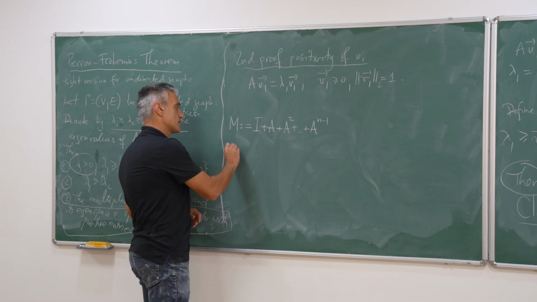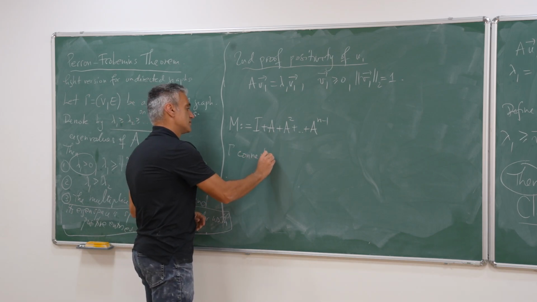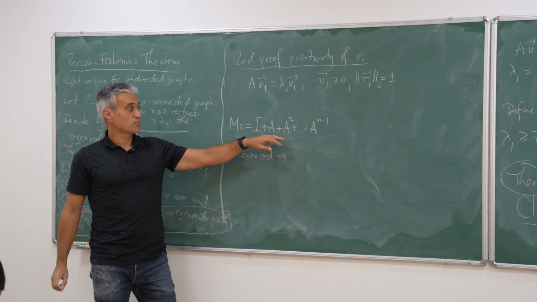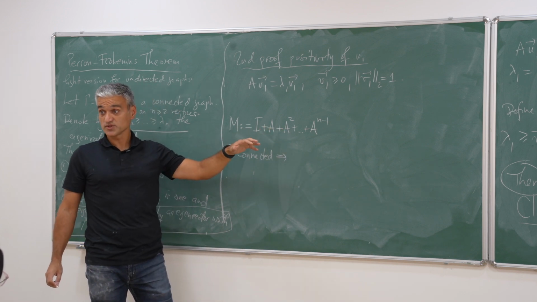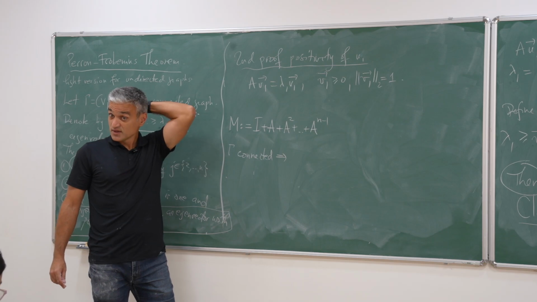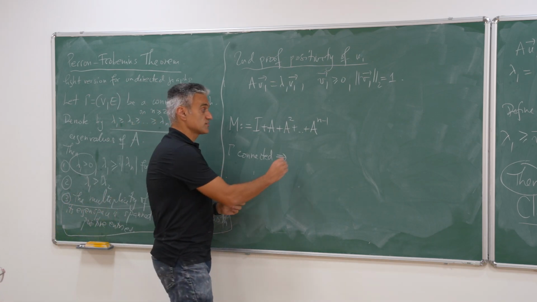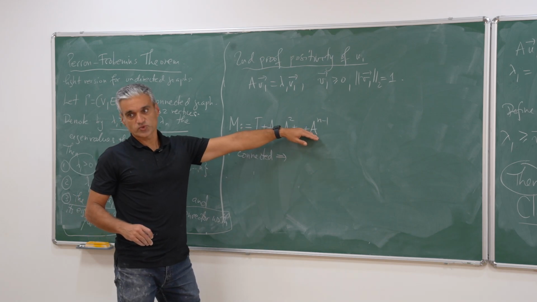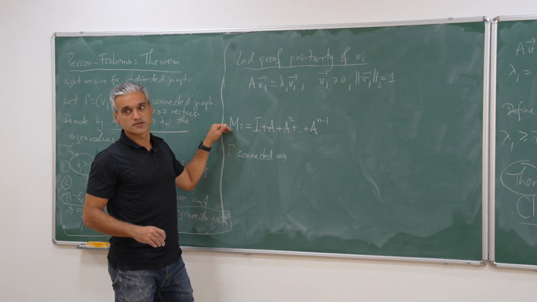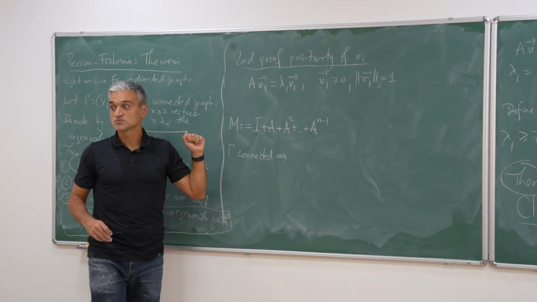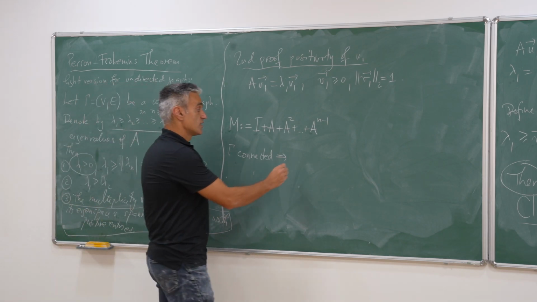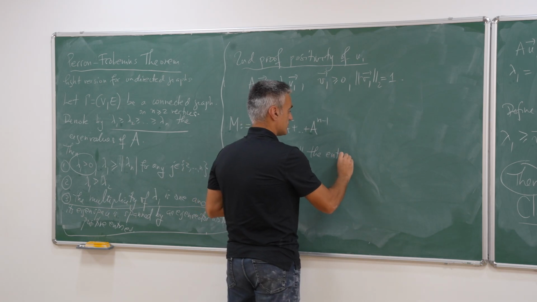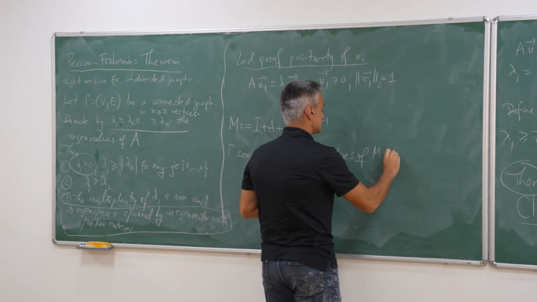Because again, gamma is connected, and there's something that I haven't proved yet, that the entries of the powers of A count the number of walks between vertices in the graph. So gamma is connected, you're guaranteed that A is a 0-1 matrix, but when you take all these powers all the way to n minus 1 and you add them up, what are you guaranteed about M? Everything is positive. So all the entries of M are positive.